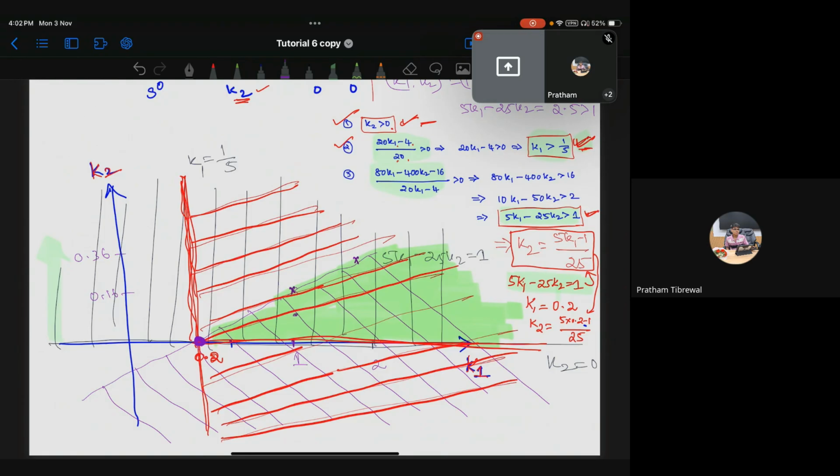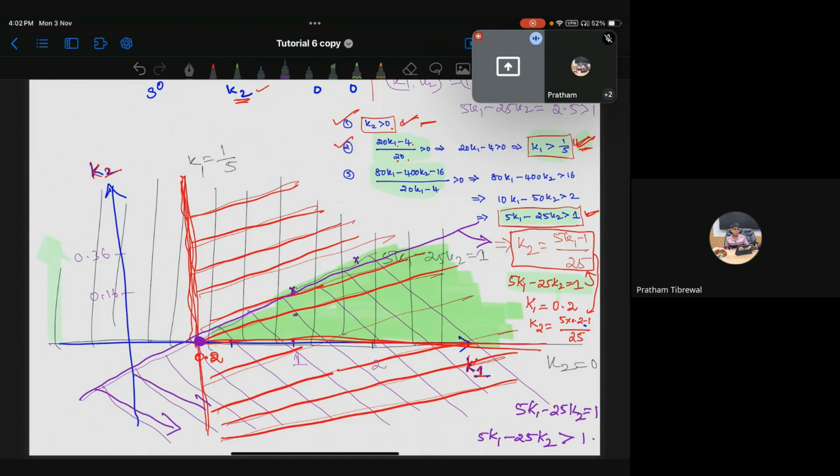So if you draw this line, 5k1 minus 25k2 equal to 1, the line goes like this. And 5k1 minus 25k2 greater than 1 means this direction.